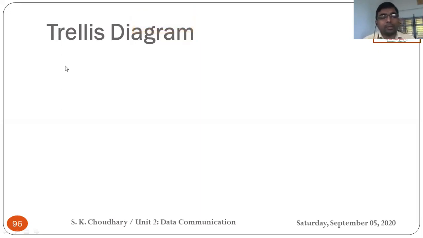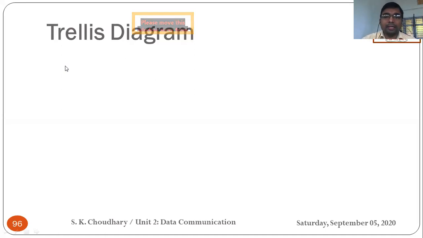We started from the pictorial connections, then we learned the polynomial representation of the convolutional code, and in the last lecture the state diagram as well as the tree code diagram for doing the convolutional encoding. Today, this is the last method of encoding, and after that we will see the decoding method.